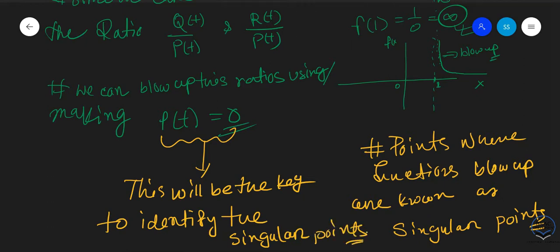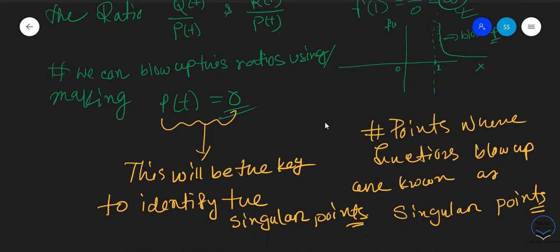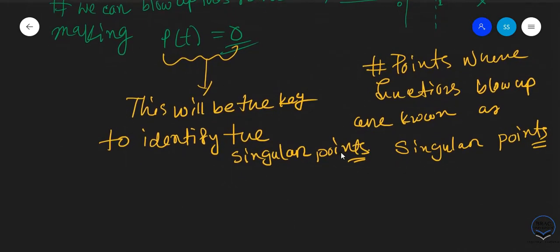And this definition that I gave you here is an informal definition, but it gives you the idea or the motivation about singular points. How a solution of a differential equation will look will depend on whether we are trying to find a solution around a regular point or a singular point.